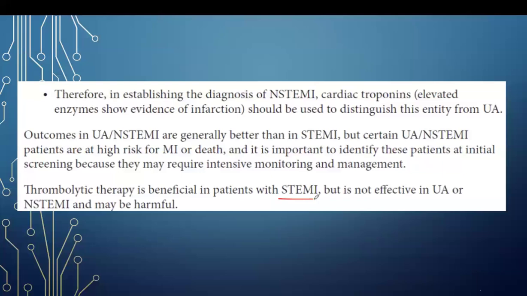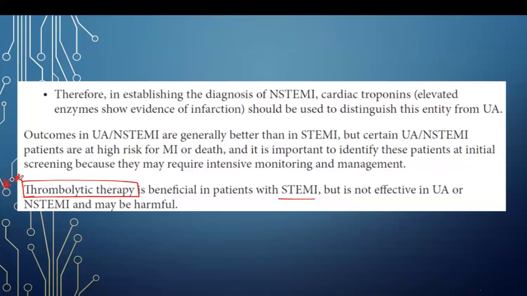Now, remember one thing, it is the ST elevated MI patient who will get benefit from a thrombolytic therapy. So this is where a lot of candidates get it wrong in the exam.